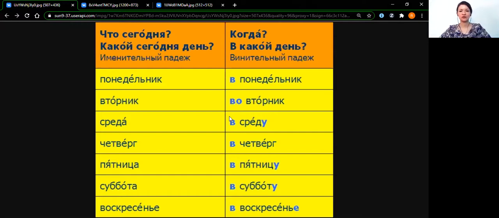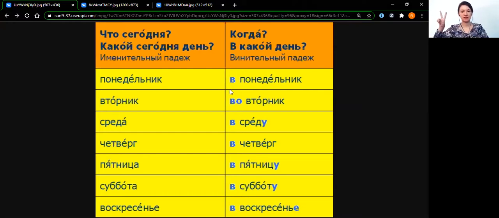But if you want to say when, you need to use accusative case. Also we call it fourth case. So if you want to say, we will meet on Monday, you need to remember two things. First thing is you need to use preposition в.